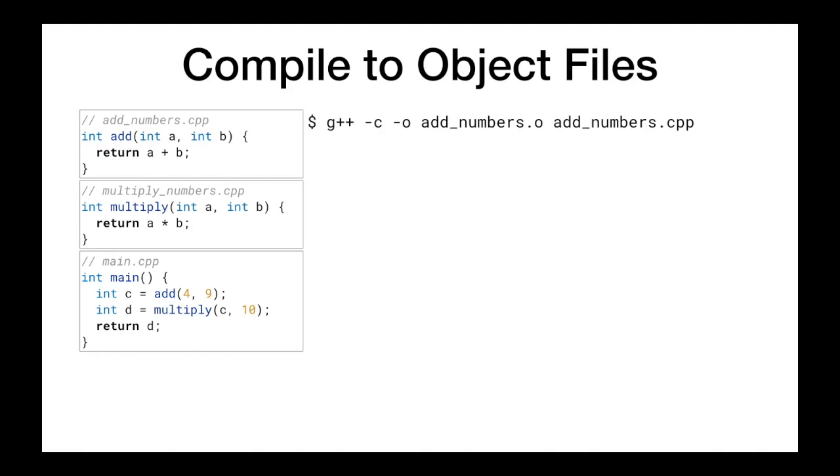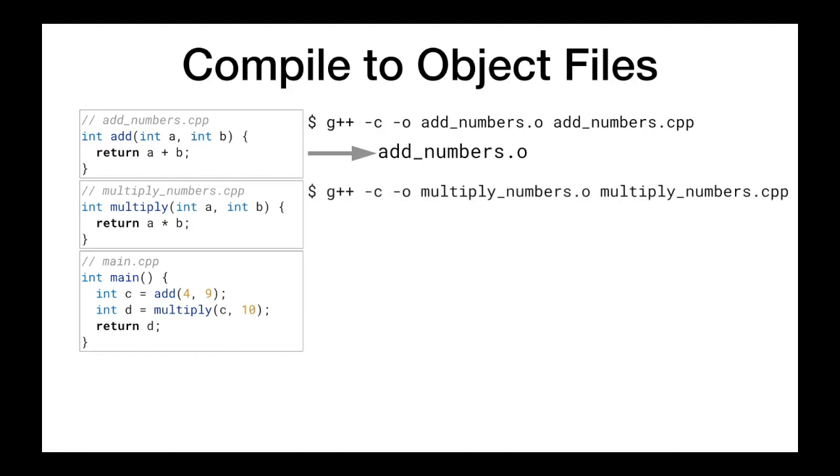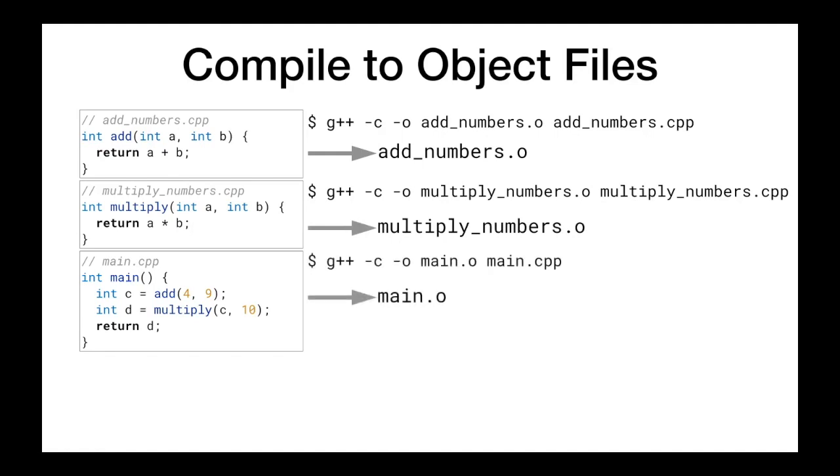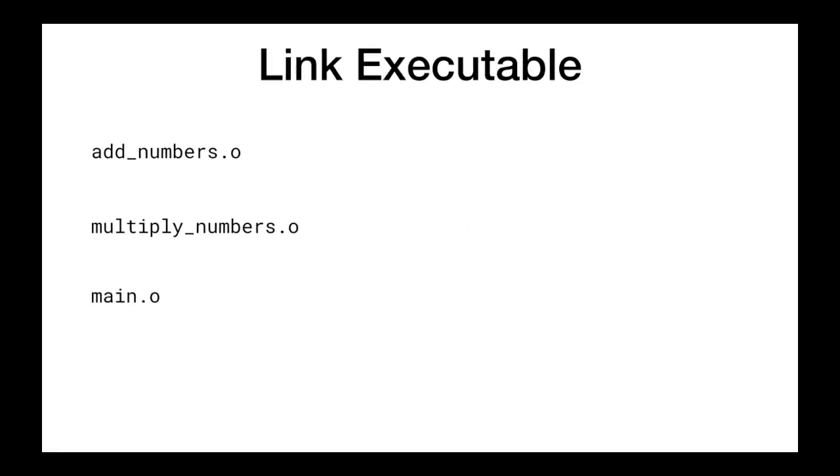The thing I'm showing here is just pretty tedious. The output of the compile command is an object file. This gives us addnumbers.o. And you'll have to compile each individual source file. It's very, very tedious. Okay, so now we have these three object files that the compiler wrote to our disk.